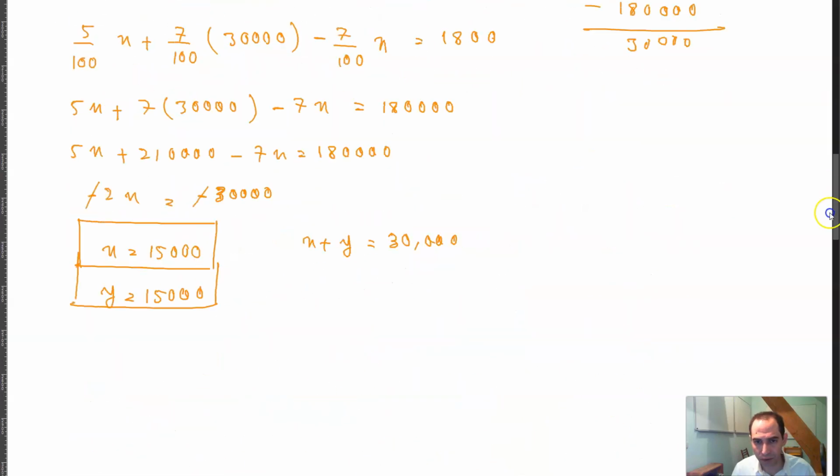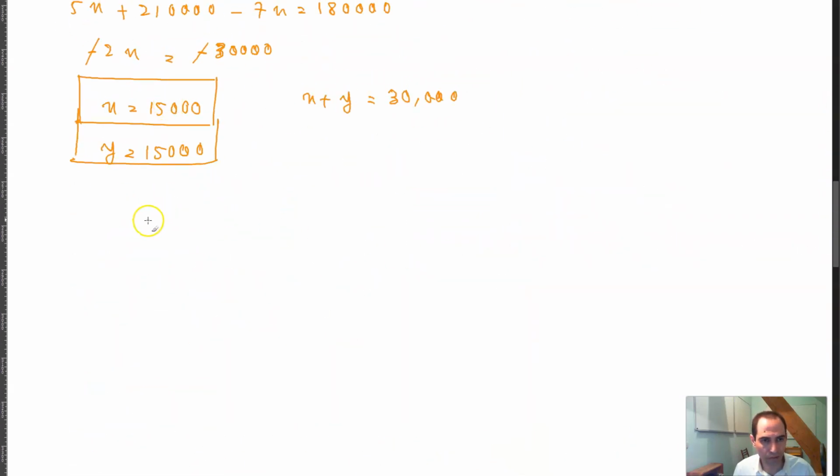And we can actually test that. 5% of 15,000 plus 7% of 15,000 is equal to what?